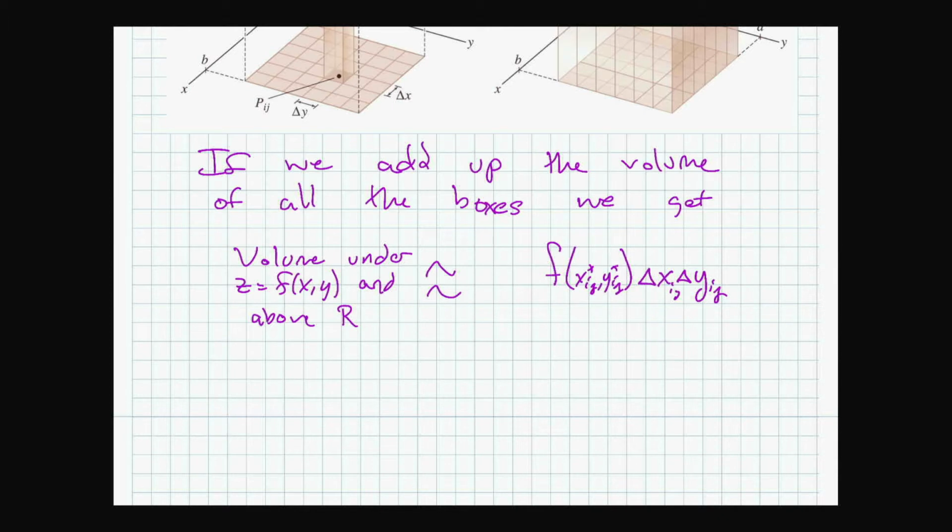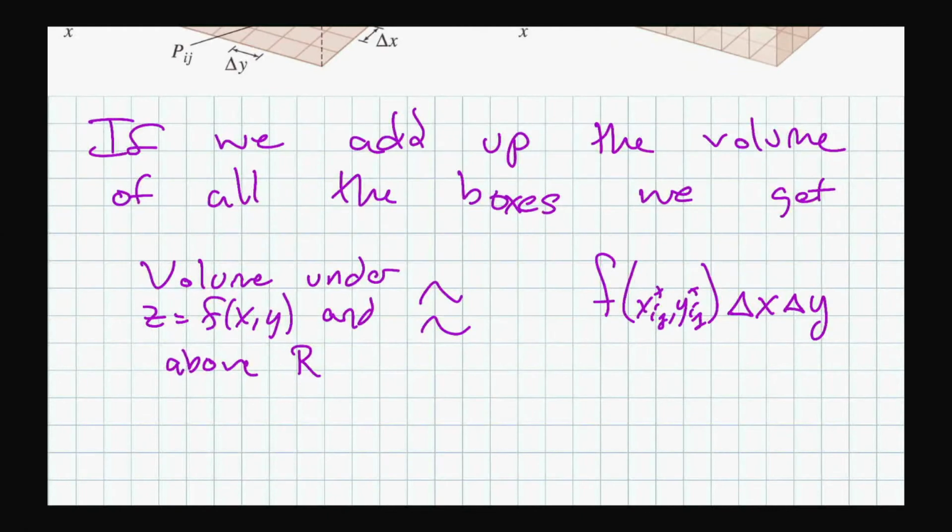And if we just make these constant, say they all have the same width, then you have this. So that's one box, but we have to sum over all of the boxes. And since we did our x and our y separately, they make two sums. The i was for the x, so that was going from 1 to m, and then the j was going from 1 to n because we had n boxes in the y direction.